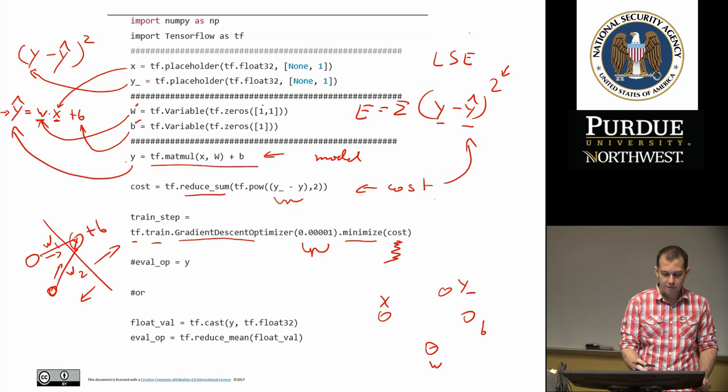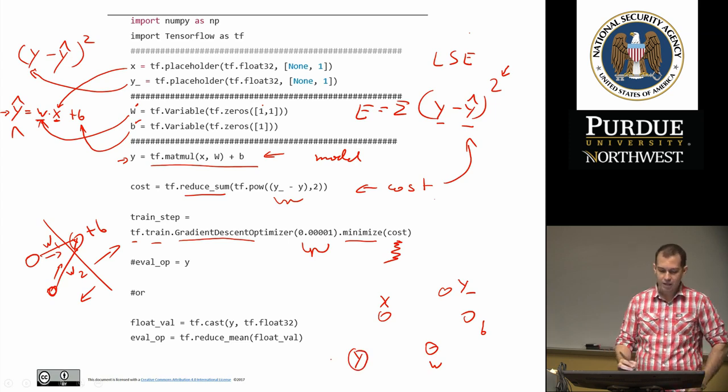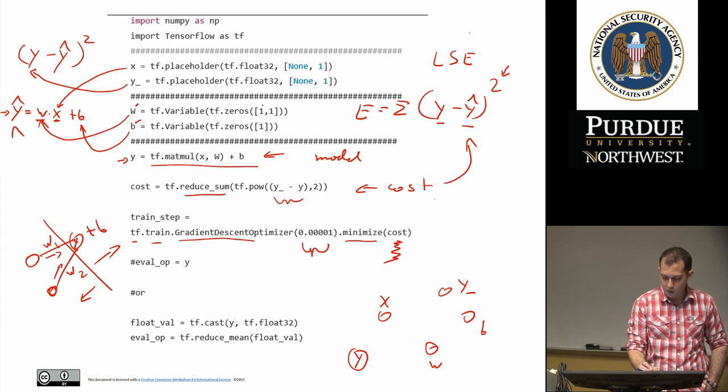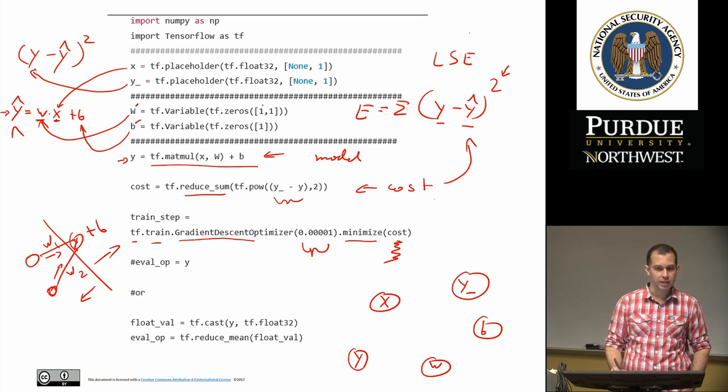Then we defined this node, y, and they're still all over the place, except that at this point, y starts to connect the dots.